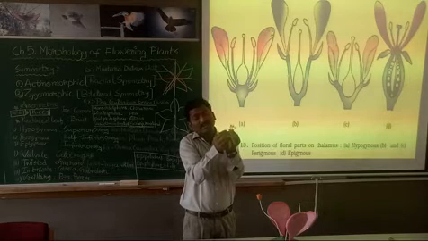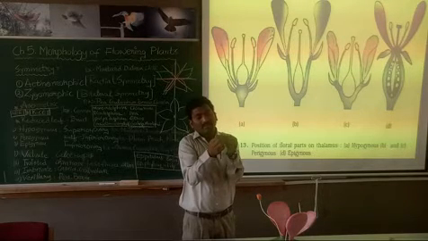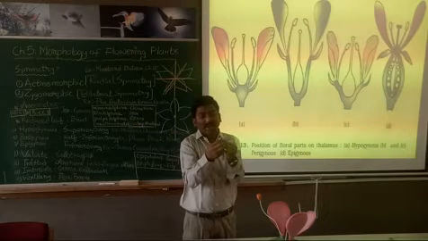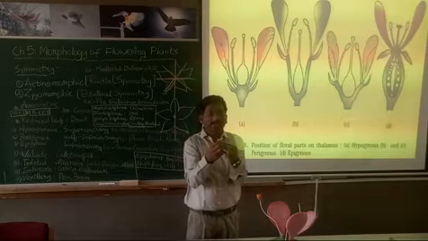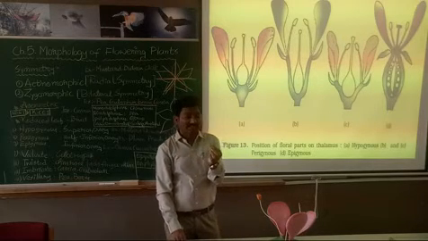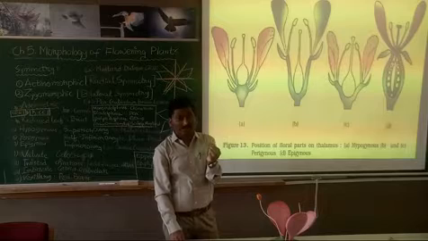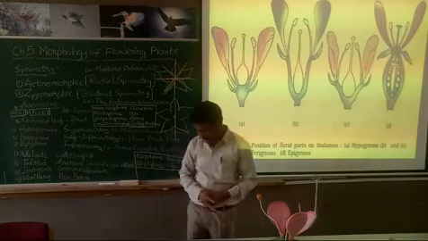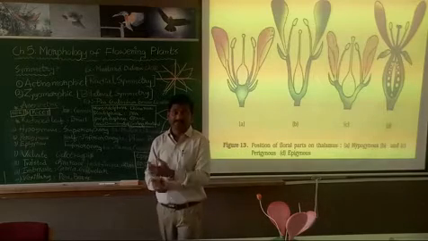So this leaf is modified into bract. If bracts are present at the base of the flower, the condition is called bractate. Suppose the bracts are absent at the base of the flower, that nature is called ebractate. Opposite: bractate and ebractate.